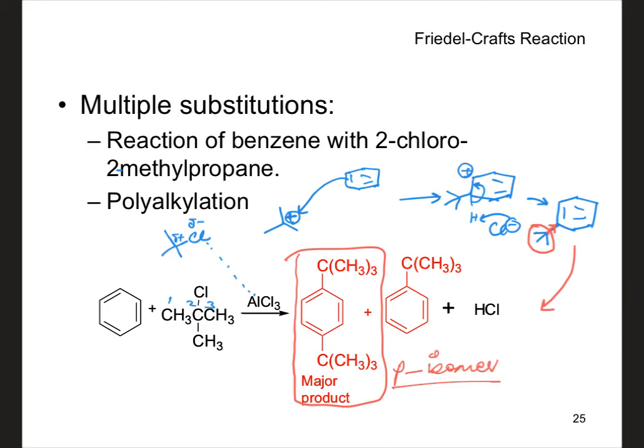Recall that typically alkyl groups, the induction that it causes, is going to die down with distance. So while typically it's the ortho position which is more predominant, because the para position is completely out of the way for steric reasons, you're going to end up with that particular substitution as the major product.